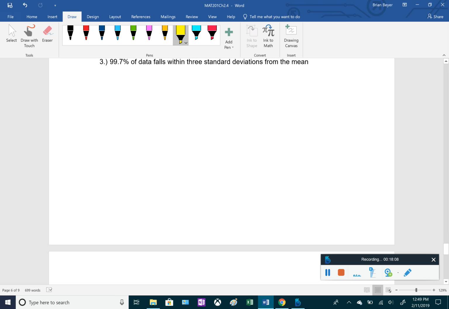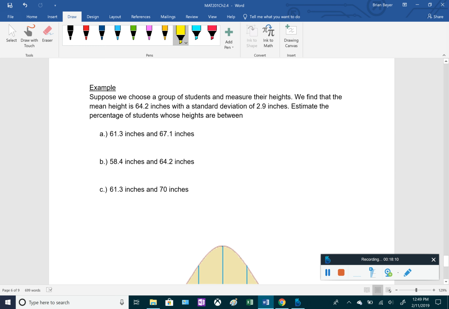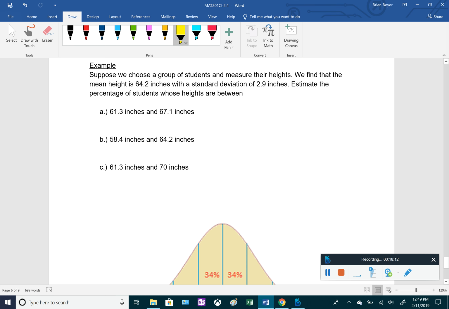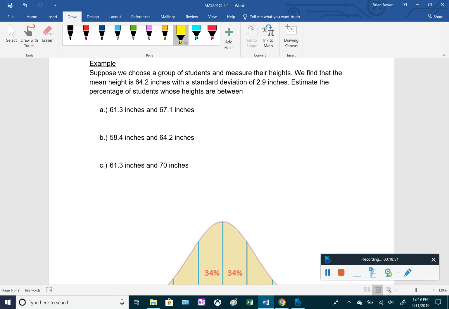So let's do one example with this. Suppose we choose a group of students and measure their heights. We find that the mean height of the students is 64.2 with a standard deviation of 2.9. Estimate the percentage of students whose heights are between 61.3 inches and 67.1 inches for this first one. So let's draw this.